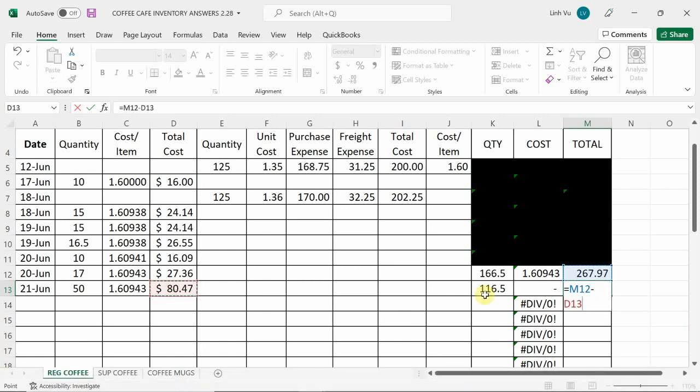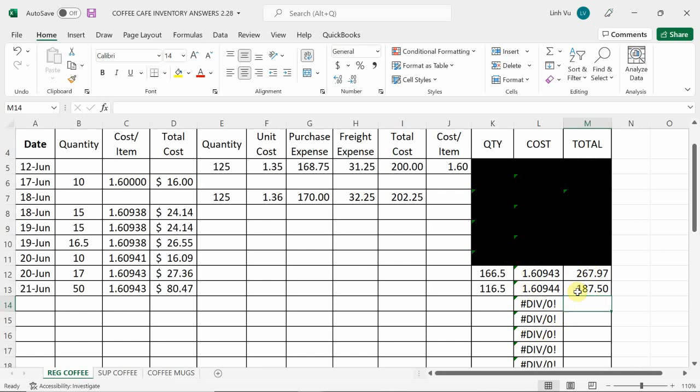So how much should my total cost be? 267.97 minus 80.47, we got 187.50. So in this case, it recalculated for me automatically because that's what I put in the formula.